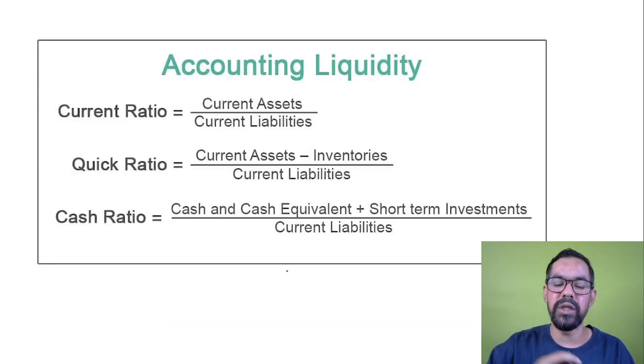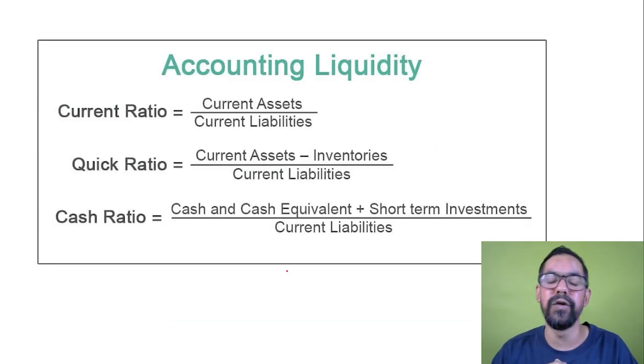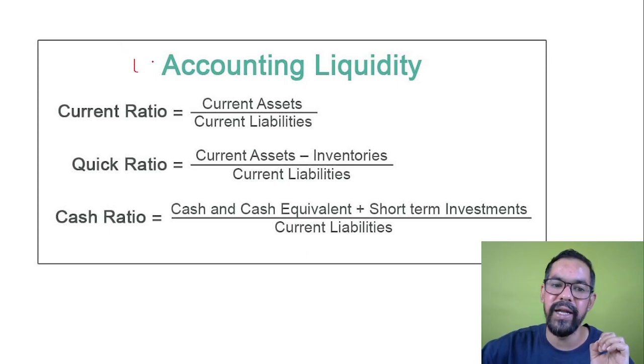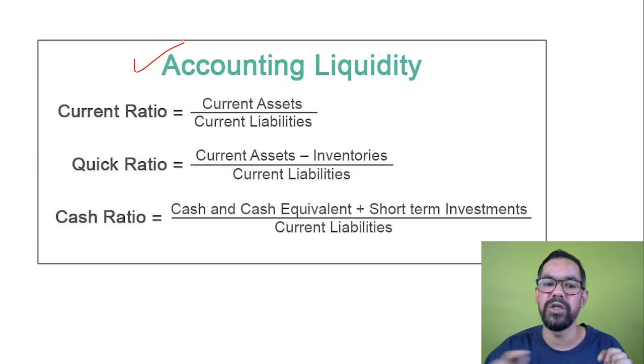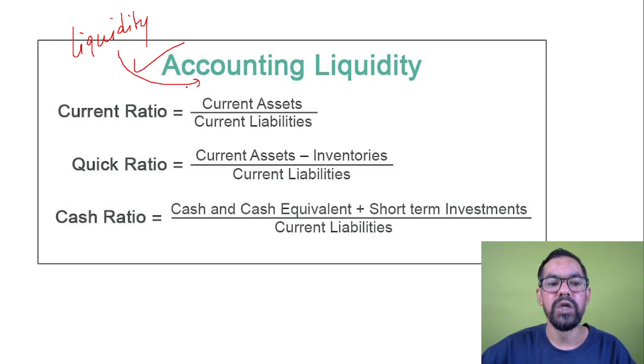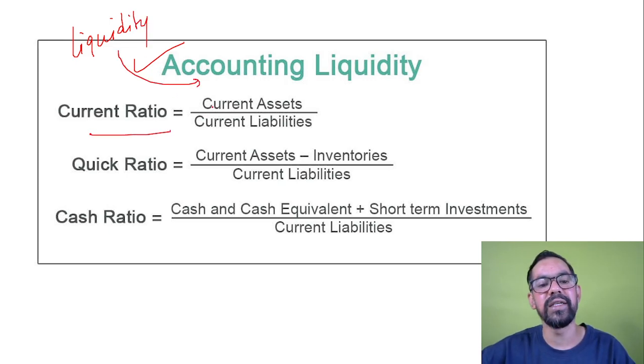Now, if you talk about liquidity ratios, these three are the most important. Many times examiners generally ask questions based on these. So the first one is the current ratio: current assets divided by current liabilities. The formula is very simple.